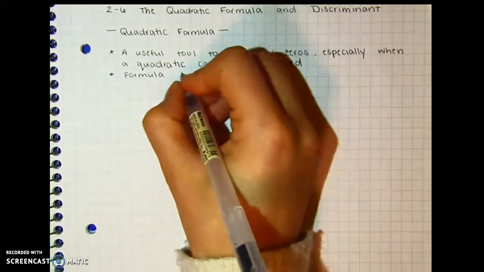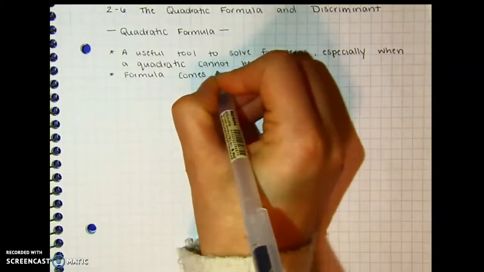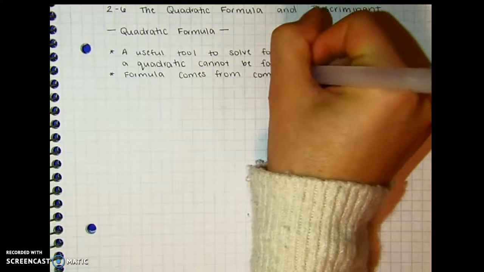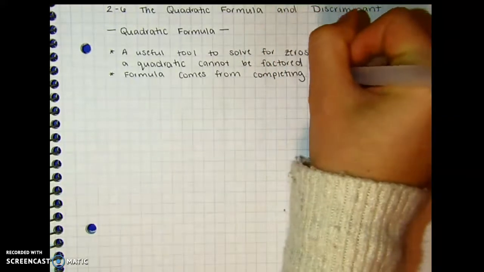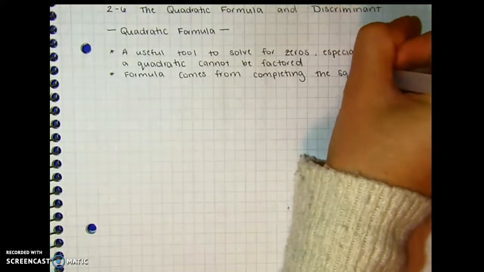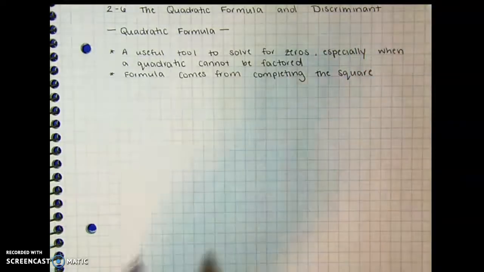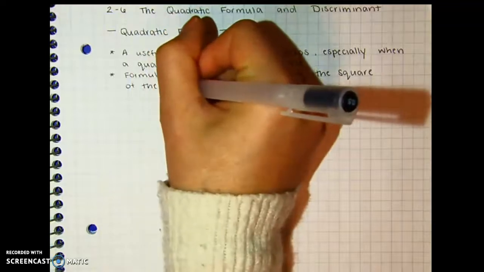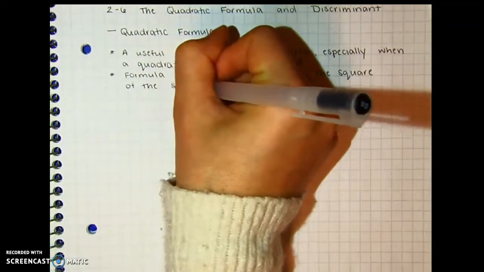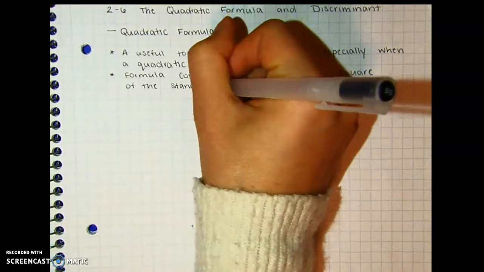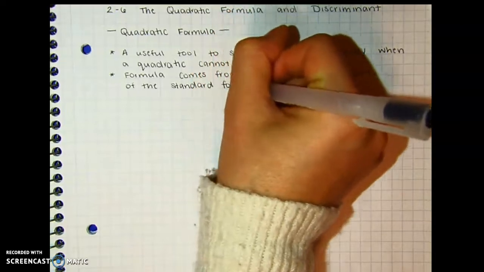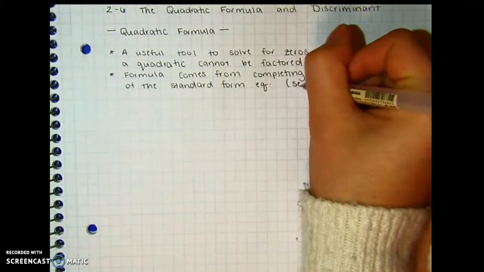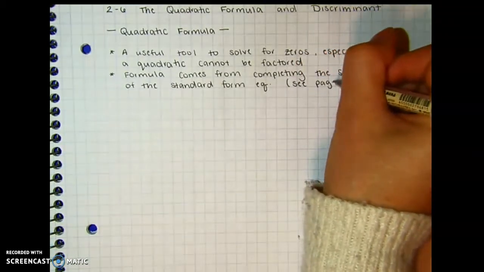The formula comes from completing the square, which you did in Algebra 1, but it's been a while and we're not doing it this year, of the generalized equation in standard form. There's a proof of this on page 110 in your book.